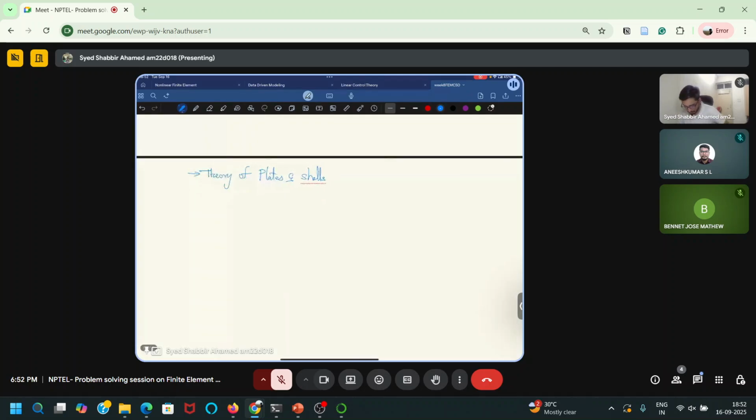Okay. So if you have a plate like this, I'll just tell you what we will do in plates. Let's compare a beam and a plate, so you will get a good understanding of this. A beam is a 2D thing, but we make it 1D.